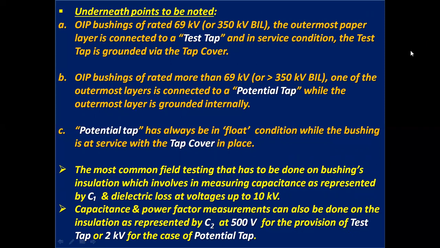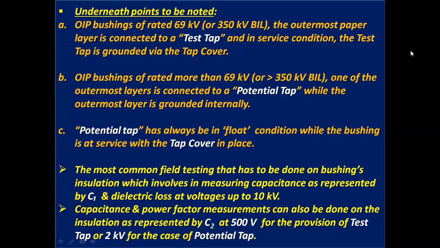B. Oil impregnated paper bushings rated more than 69 kV, that is BIL level more than 350 kV: one of the outermost layers is connected to a potential tap while the outermost layer is grounded internally. See the difference. The potential tap is always in a floating condition while the bushing is in service with the tap cover in place.